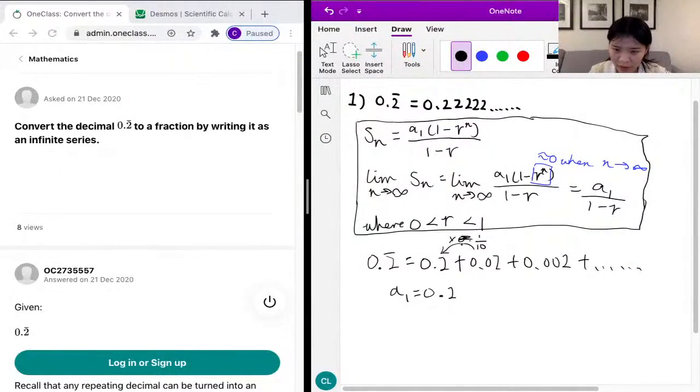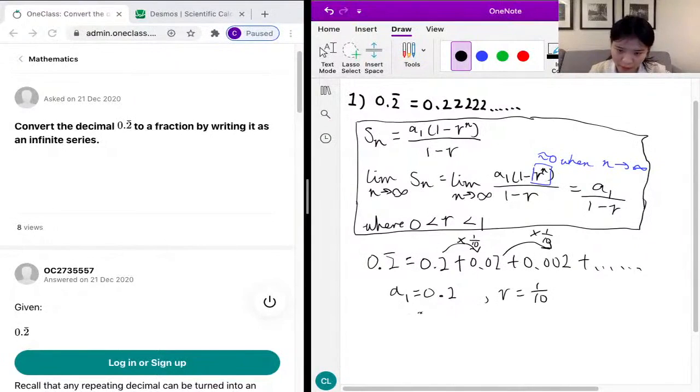So 0.2 times 1/10 is 0.02, and 0.02 multiplied by 1/10 is 0.002. I'll write the arrow in the other direction so it's not as confusing. So the factor between each subsequent term in this geometric series is just 1/10, so R equals 1/10.